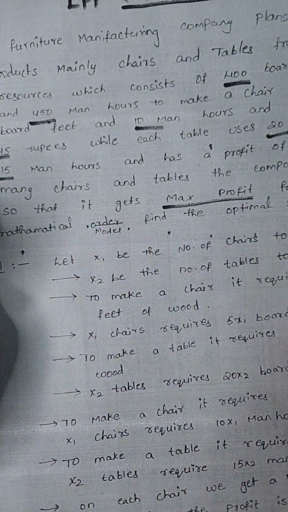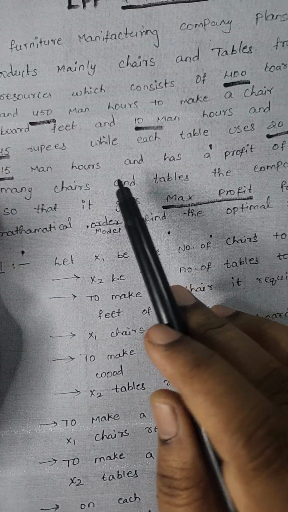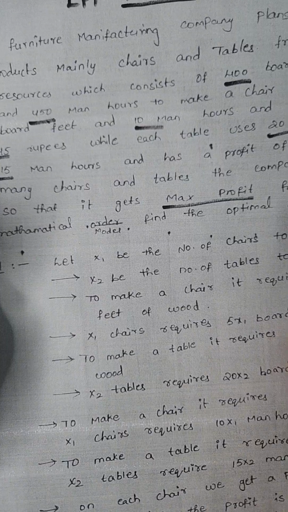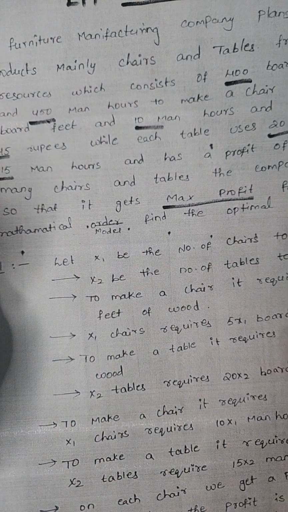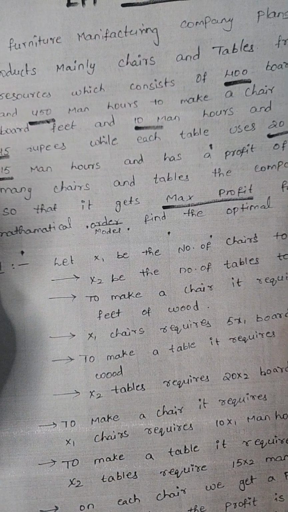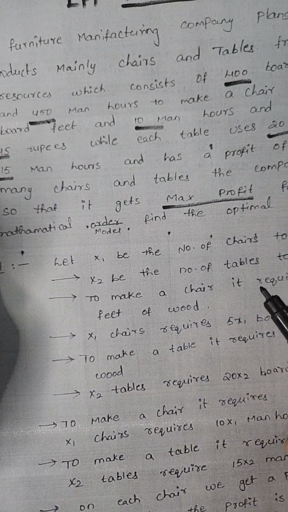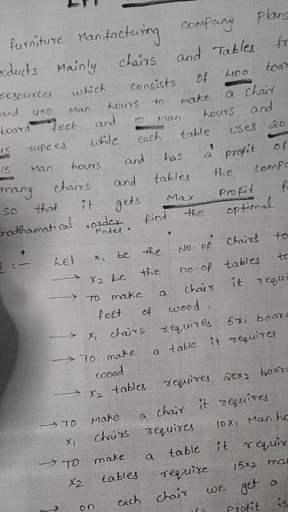They have given the profit also. On a chair they get a profit of 45 rupees, and on a table a profit of 80 rupees. The problem is how many chairs and tables they can produce in order to get the maximum profit.